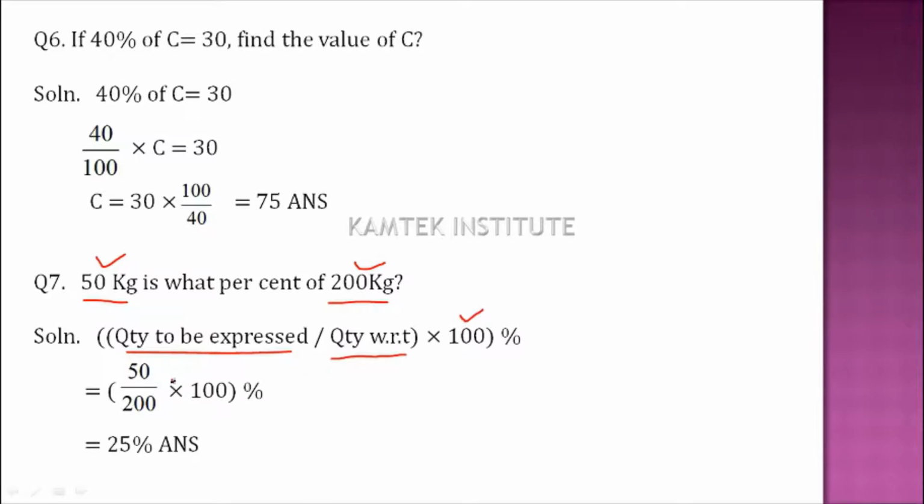So we say 50 divided by 200 multiplied by 100. 0 and 0 get cancelled, 5 ones are 5, 5 fours are 20, and when we cancel 4 with 100, we get 25. So 25% is the answer to this question. I hope it's simple, you all have understood.